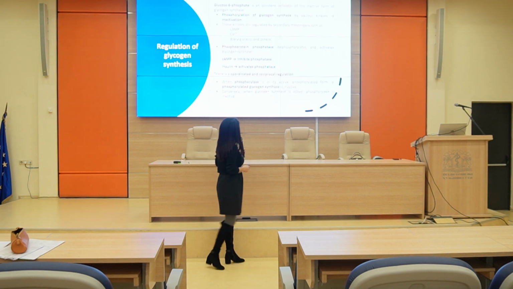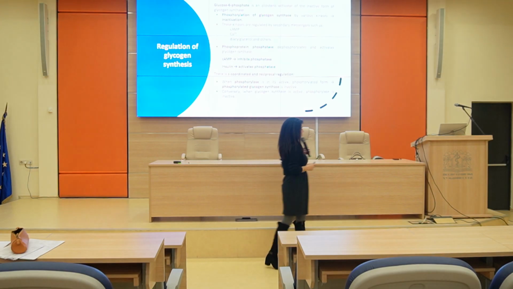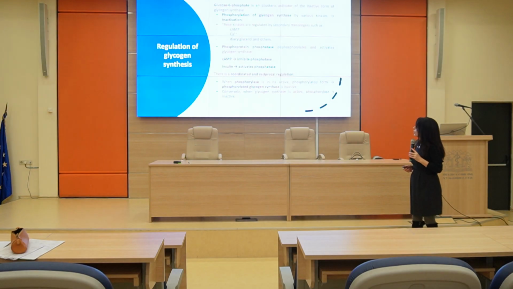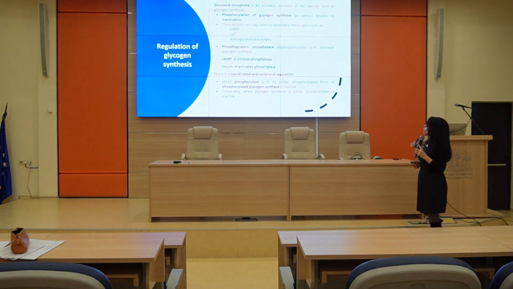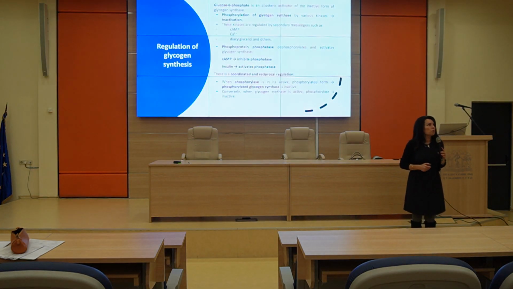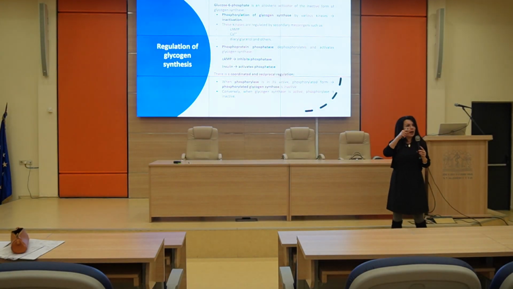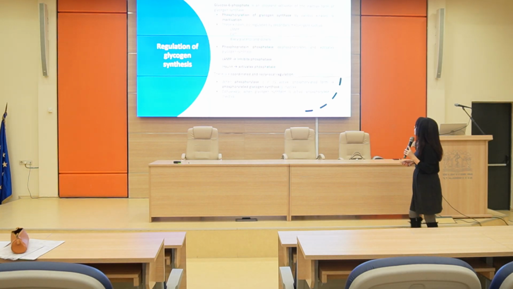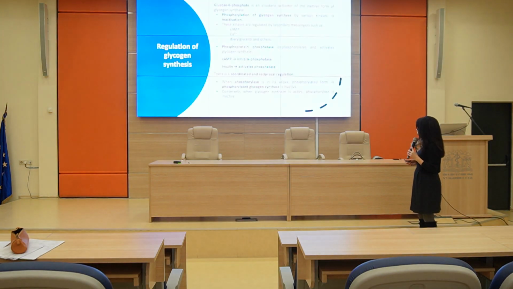And in the regulation of glycogen synthase, there is one more activator, an allosteric activator. It is the first active form of glucose, which is glucose 6-phosphate. If there is more glucose 6-phosphate, it activates glycogen synthase too, in addition to the phosphorylation.